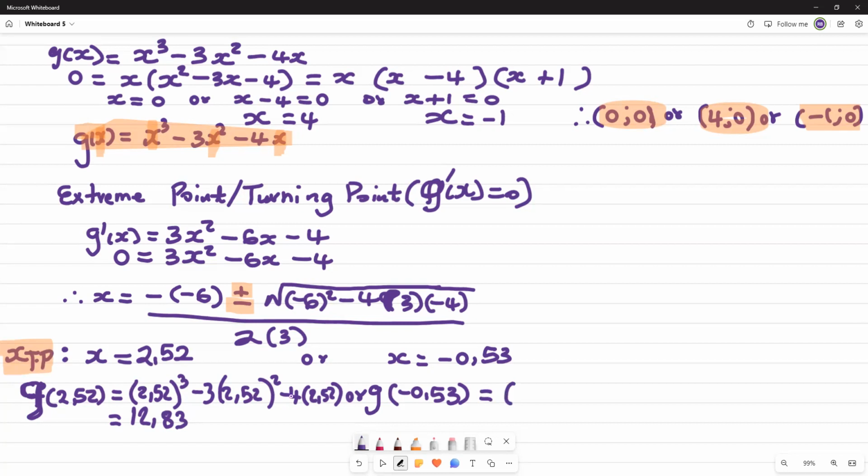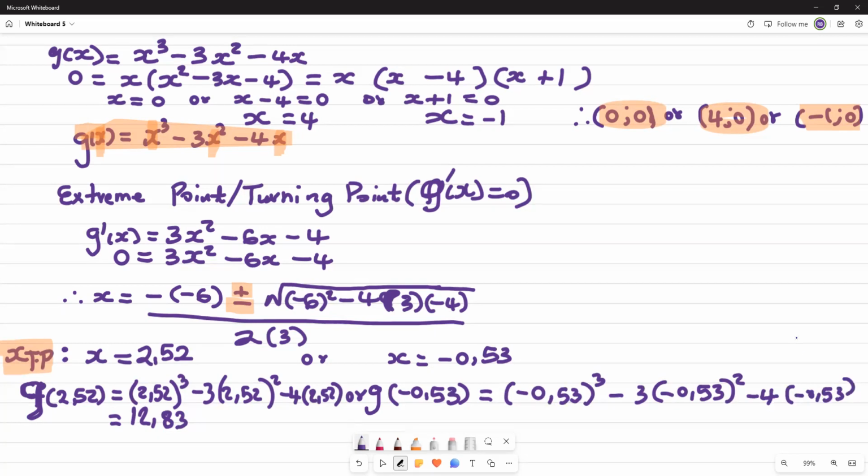Okay, we're going to do the same here. We're still writing the same thing, but now you are putting in negative 0.53. So you have negative 0.53 cubed minus 3, negative 0.53 squared, minus 4, negative 0.53. Now let's put that on a calculator and see.